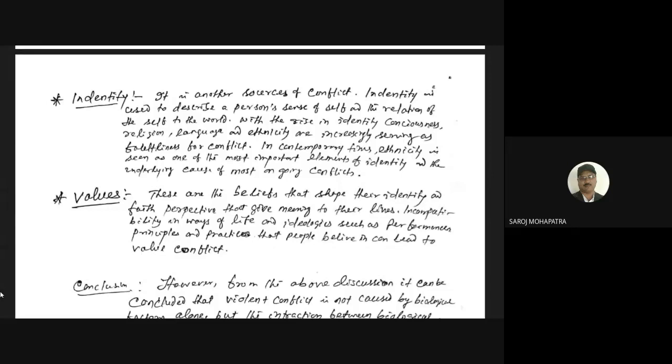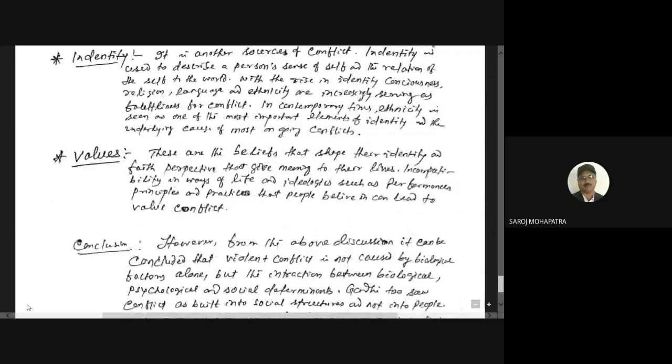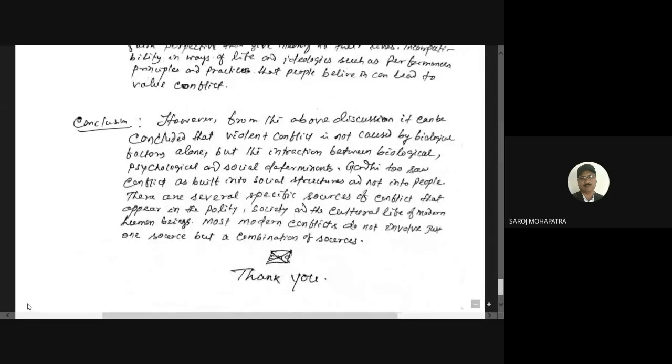So these sources of conflict can be solved through non-violent means. What we learn from this is understanding the sources of conflict.